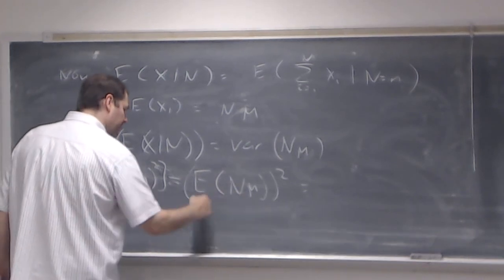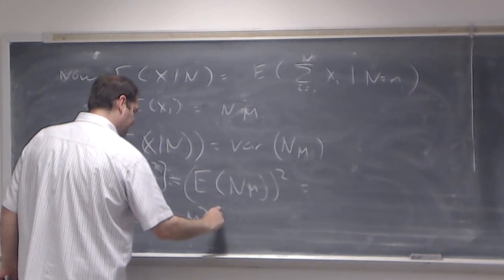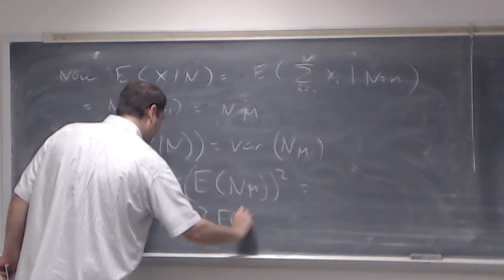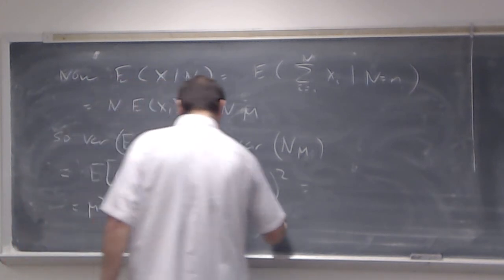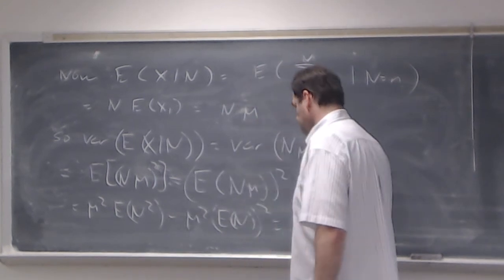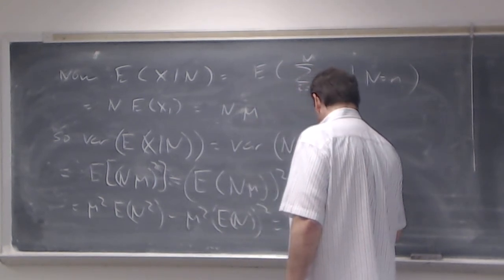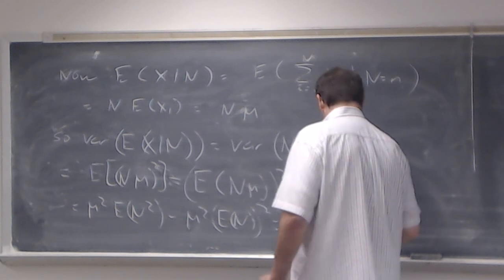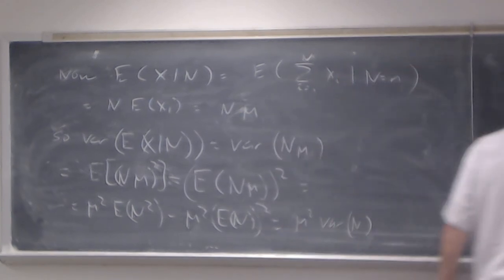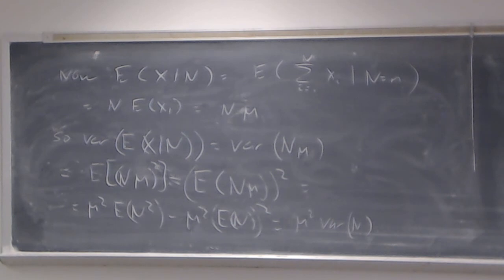And then this, we pull out the mu and it's got to be squared outside, the expected value of n squared, and that's equal to mu squared times the variance of n. And so essentially putting everything together, we get the formula, we get the answer.